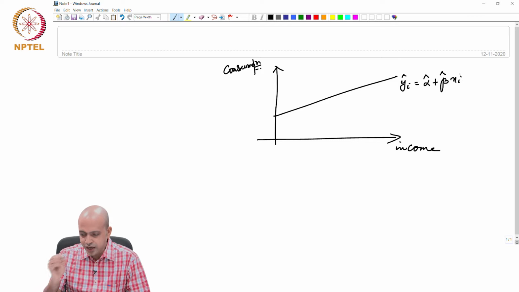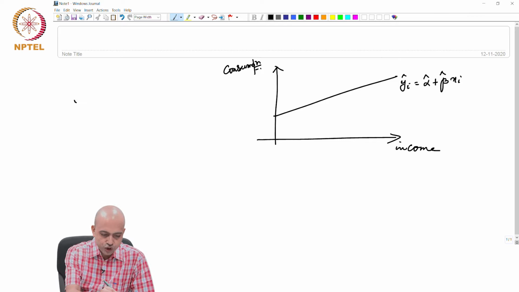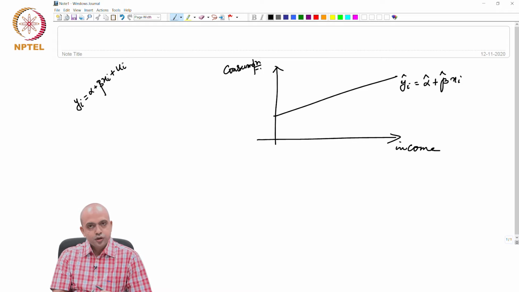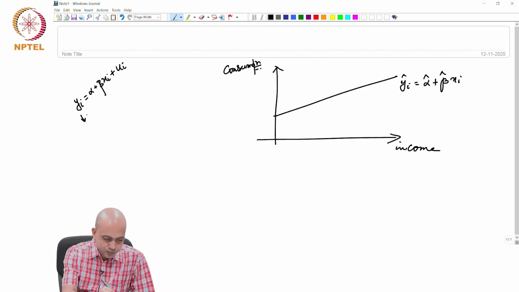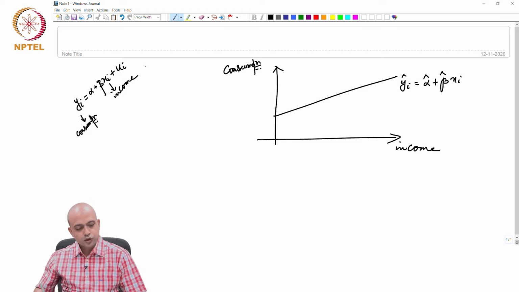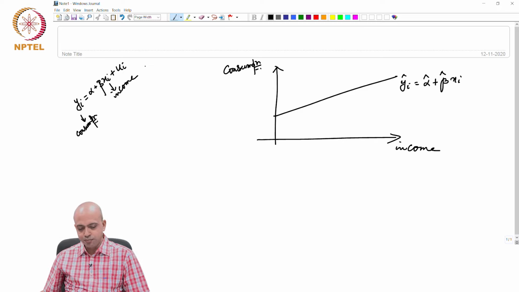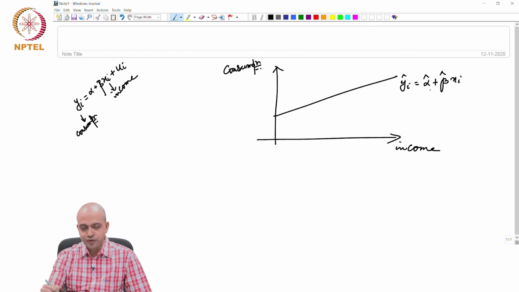Let us say this is the line you have estimated, and your original equation was yi equals alpha plus beta xi plus ui, where y is basically consumption and x is your income. This is the original function and this is the function you have estimated.